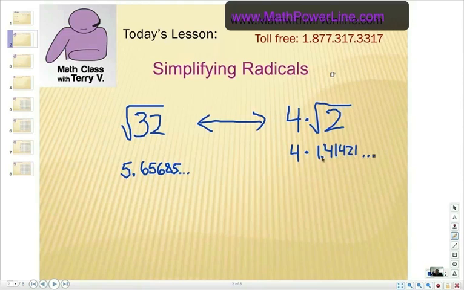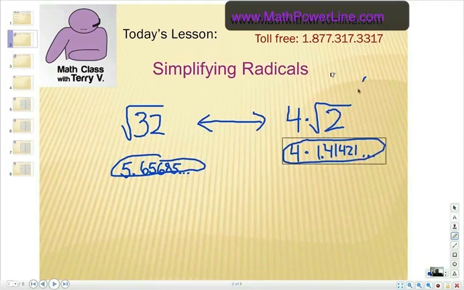Now, if we multiply that by 4, guess what? These two answers would be the same. But it's considered proper form to write an answer simplified with a smaller number inside the radical. So that's the idea. That's what we mean by simplifying radicals, similar to simplifying fractions.